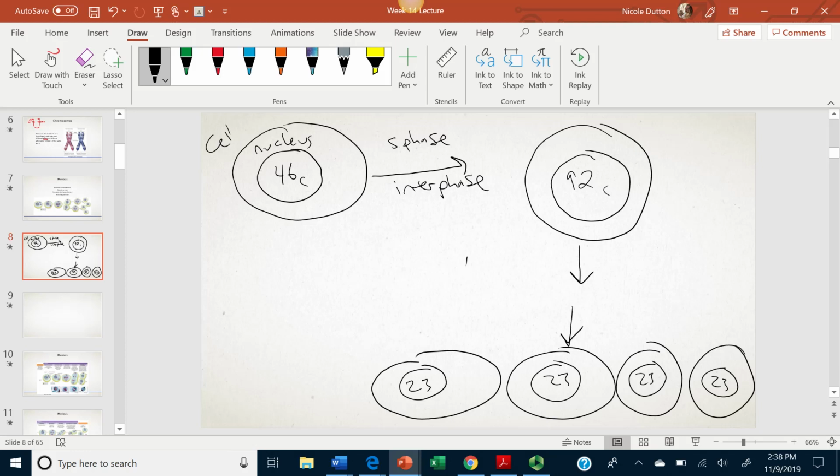And we're going to go from diploid to 4 haploid cells.